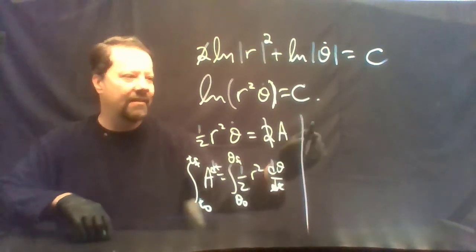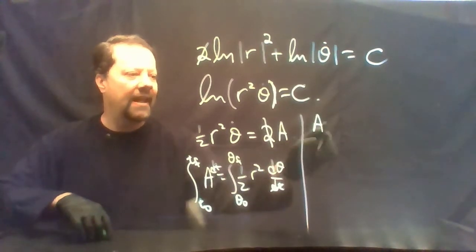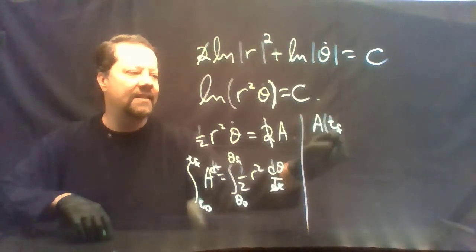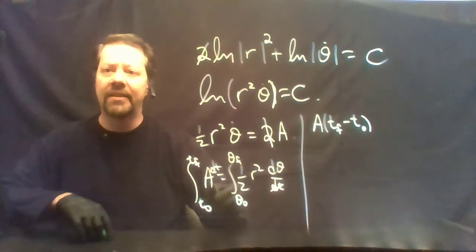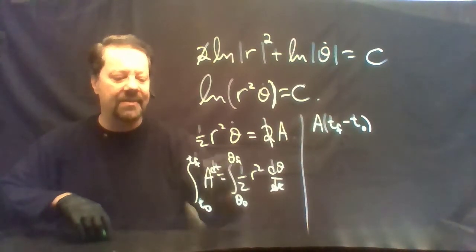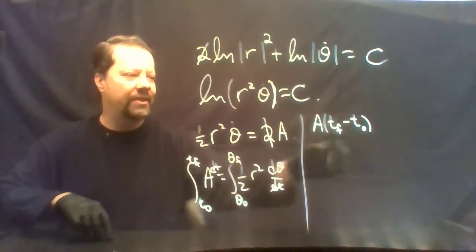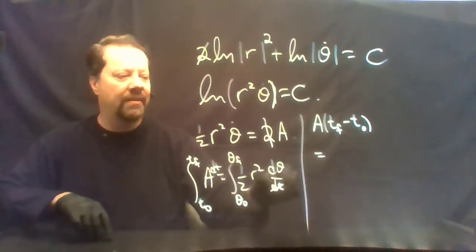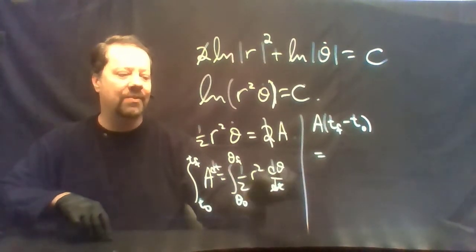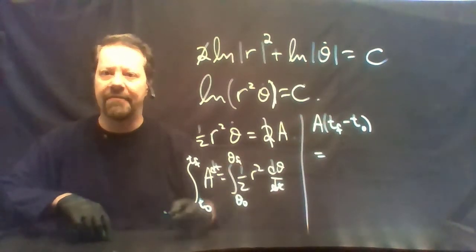What you get here is a times the change in t. Since a is constant on the left-hand side, you just get the constant a times the length of the interval, which is t final minus t naught. That's going to be equal to the integral of 1/2 r squared d theta from theta naught to theta final.